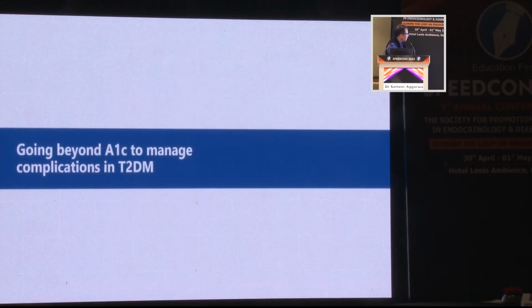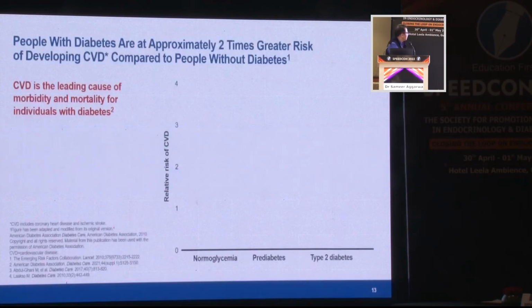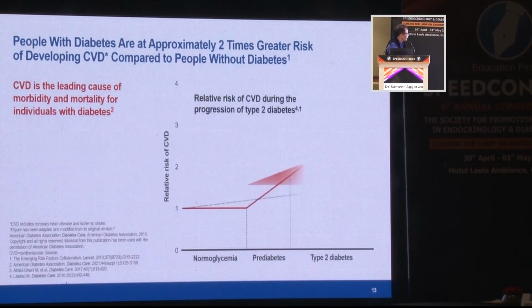So I think going beyond A1C to manage complications in type 2 diabetes, it's not only about HbA1c, we have to talk about other things also, particularly cardiovascular disease. And we see that the relative risk of CVD during the progression of type 2 diabetes progresses very steeply once the patient is transitioning from normoglycemia to pre-diabetes or to type 2 diabetes.